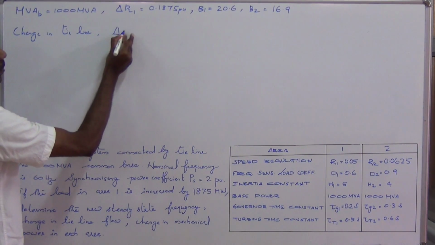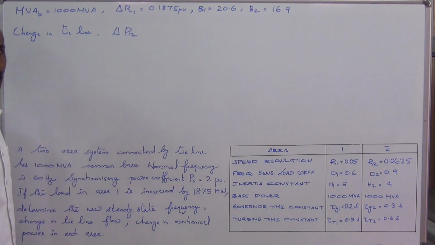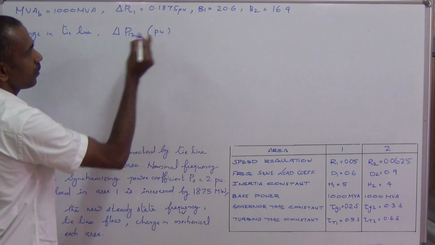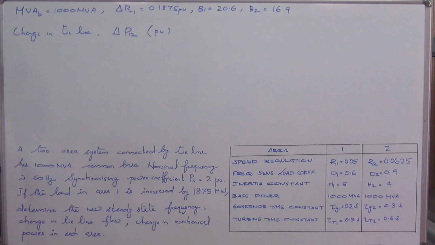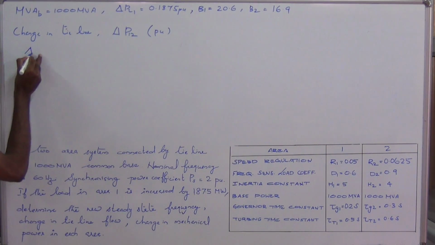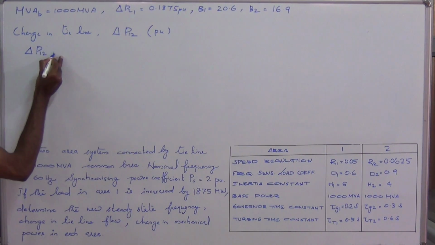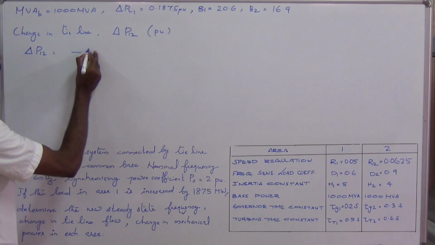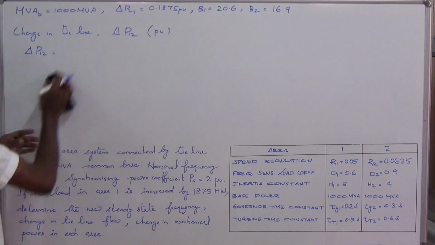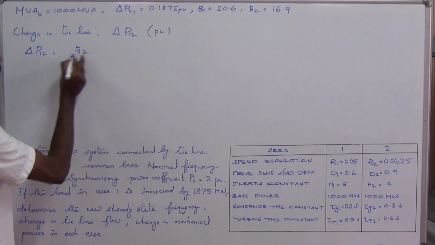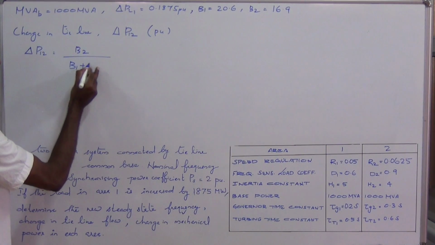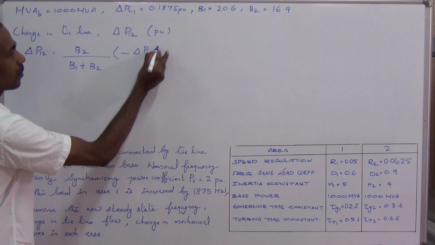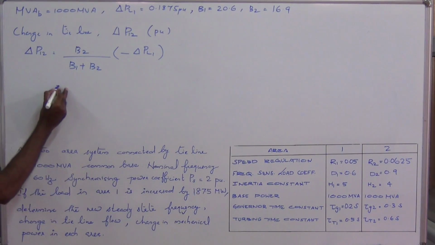Delta P12. Let us find out the per unit change in tie line flow. Delta P12 equals minus B2 divided by B1 plus B2 into minus delta PL1. What is our B2?